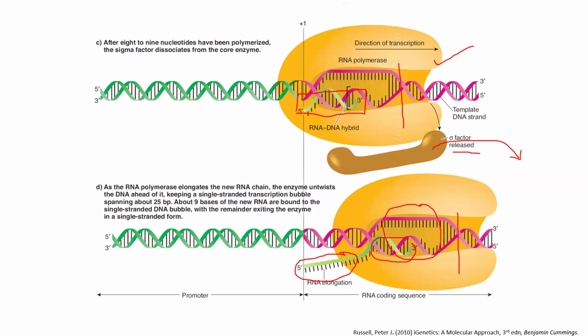And what is the closed promoter complex, what is the open promoter complex, and how once the RNA synthesis begins, the sigma factor leaves and the rest of the transcription is carried out by the core enzyme alone. And during the elongation, how the enzyme untwists the DNA ahead of it, but behind it, the DNA reforms the double-stranded helix, and some of the RNA exits the enzyme in the single-stranded form, while some is part of the single-stranded DNA bubble.